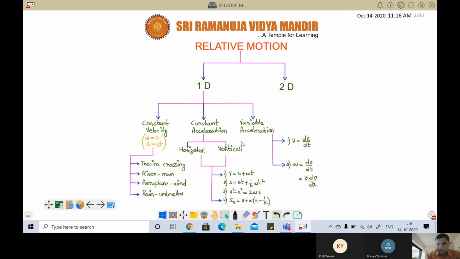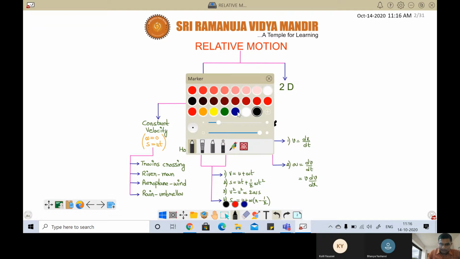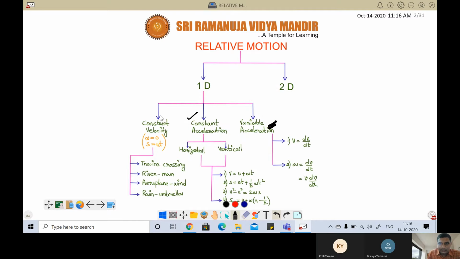Generally variable acceleration we don't study much, it is a little higher level topic, whereas constant acceleration and constant velocity are very important. In 1D I have covered constant acceleration, and I started constant velocity and completed trains crossing only. I just started riverman velocity problems and I have to complete aeroplane wind and rain umbrella problems.